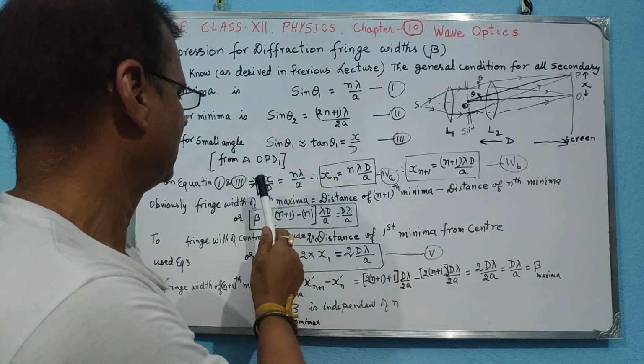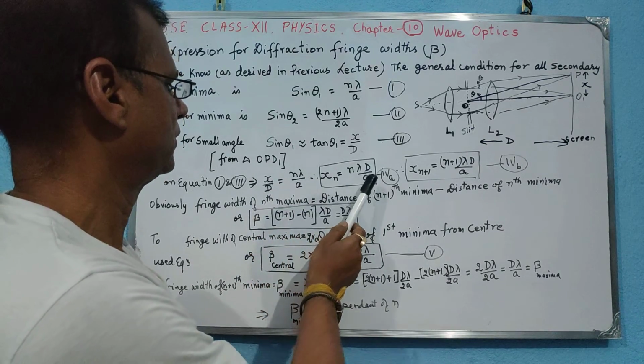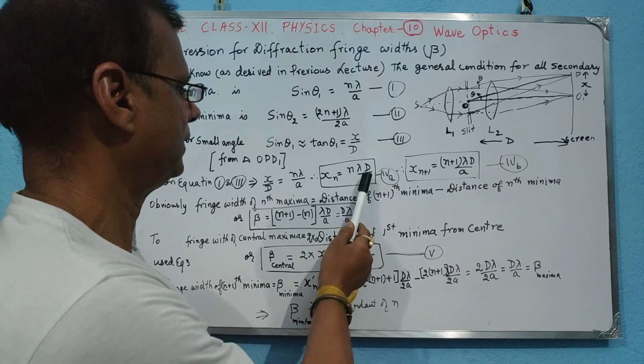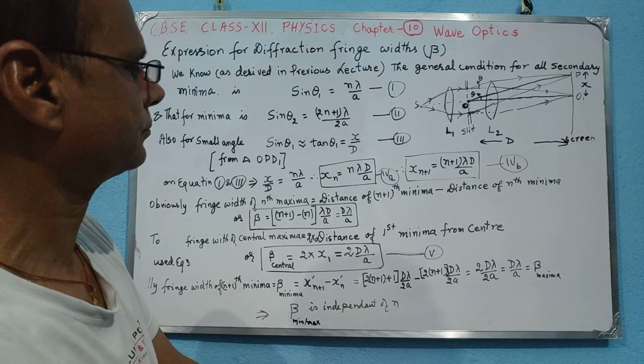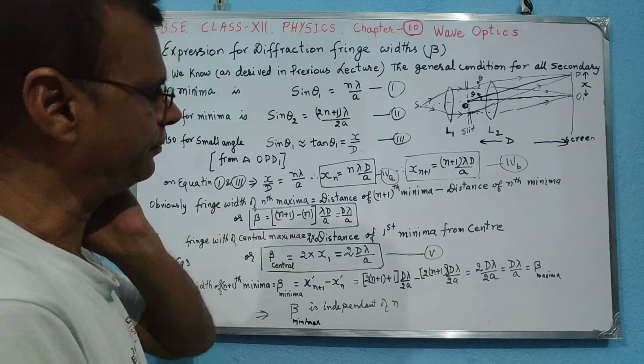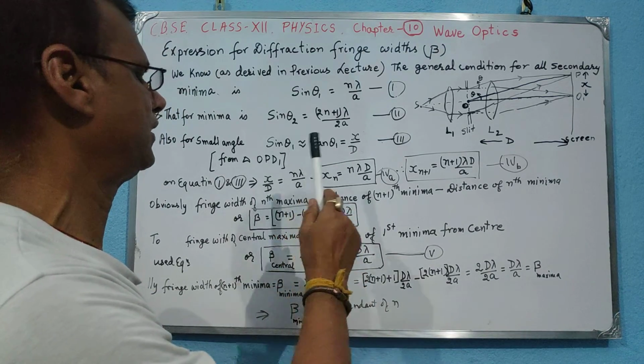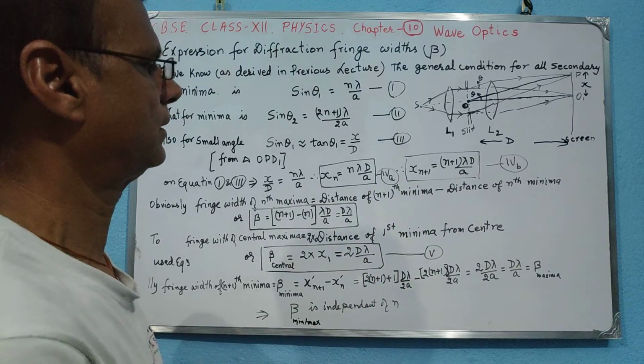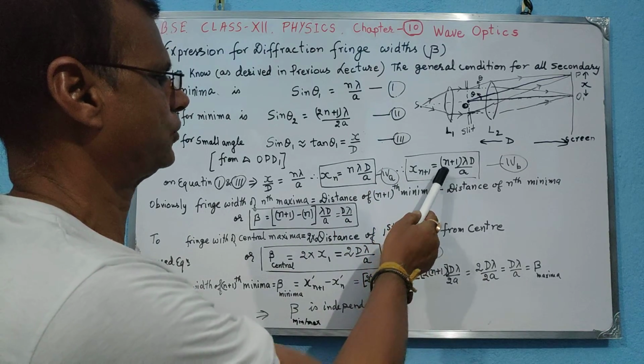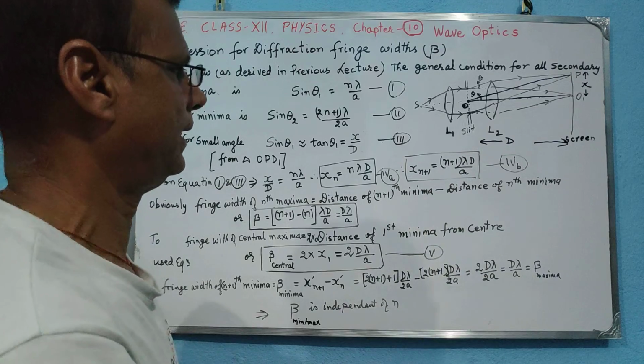Therefore x for the nth fringe is equal to n lambda d by a. And naturally, if we find the distance of the next higher order, we have x(n+1) equal to (n+1) lambda d by a.